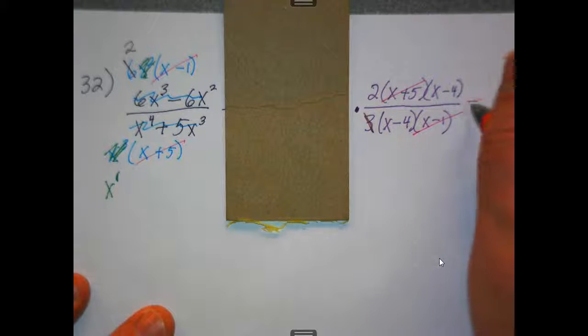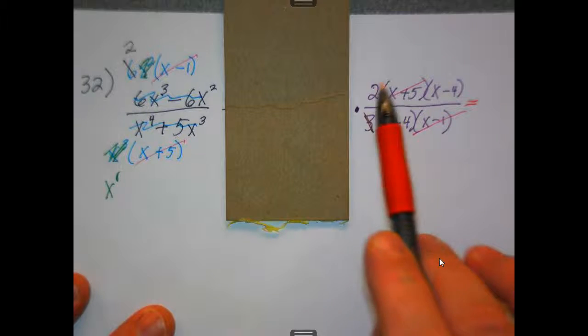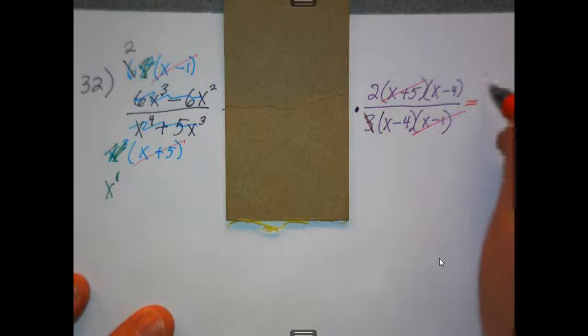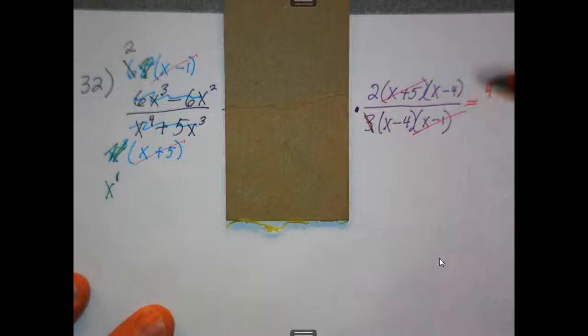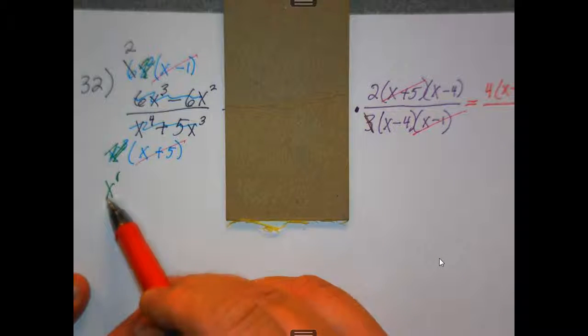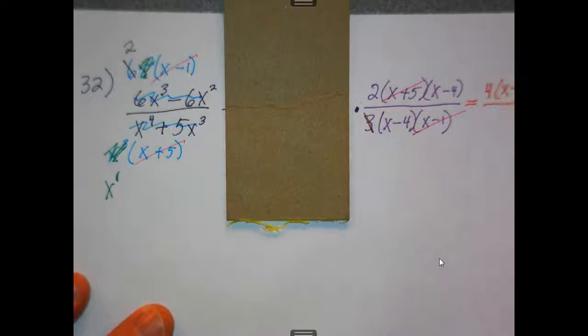This equals, what do I got on top? 2 times 2 is 4. X minus 4. All over x times x minus, oh, we can cancel out the x minus 4s.